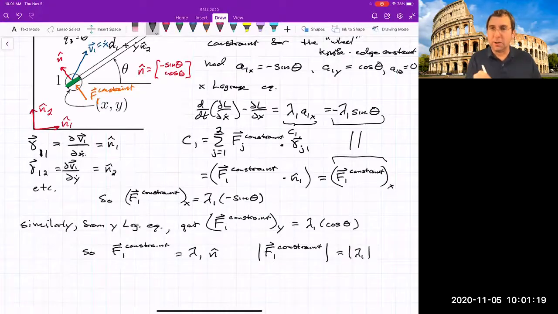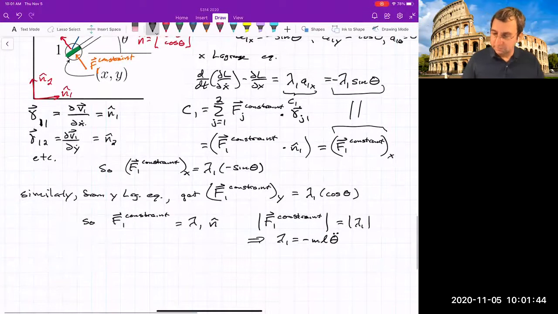And from the Lagrange's equations, you could work out that lambda 1 is minus m l theta double dot, which does have units of force. Mass length divided by time squared. So that's good. It has units of force.